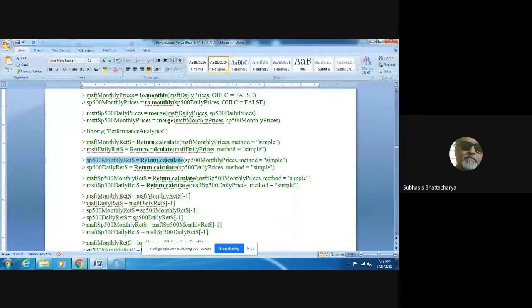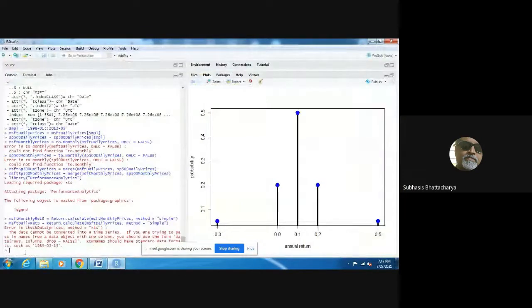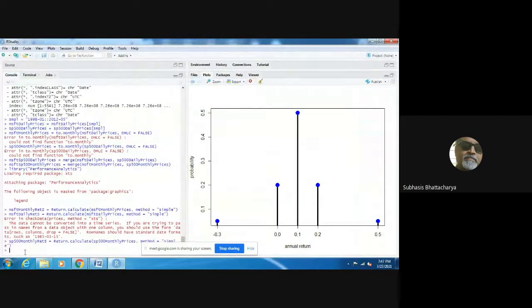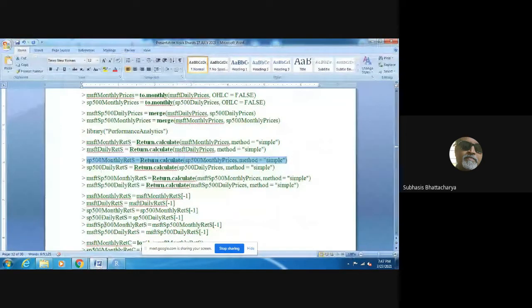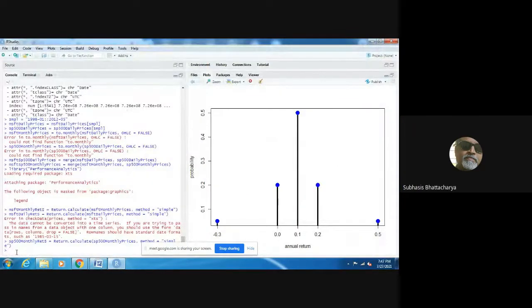And similarly SP500 monthly and daily prices. You treat SP500 as a different kind of share. Don't make things complex. Just think of it as a company share. Just treat it like our Nifty.